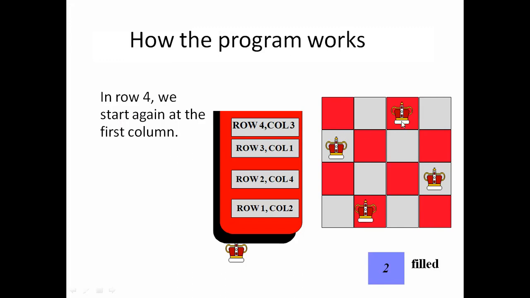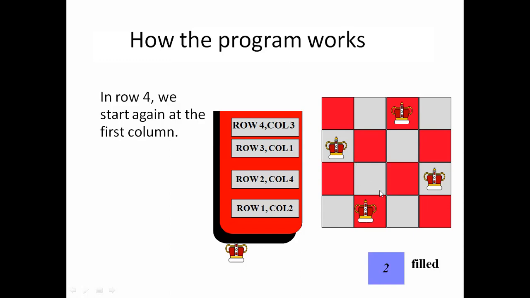So this row is perfectly matched. This row only one queen, this row only one queen, this row only one queen. And column wise, this column only one queen, this column only one queen, this column only one queen, and this column also only one queen. And for each queen you place, on the diagonal also you cannot place a queen.